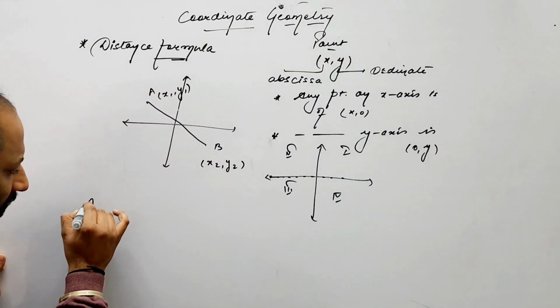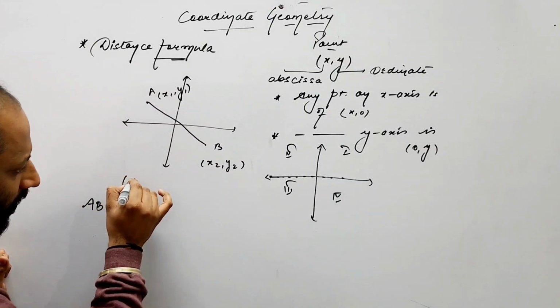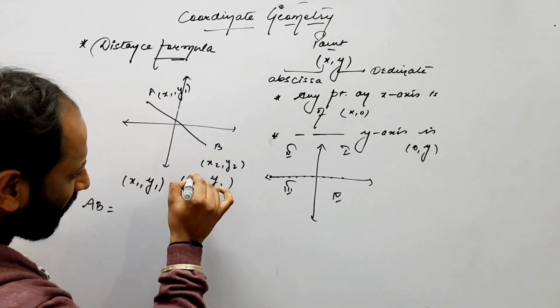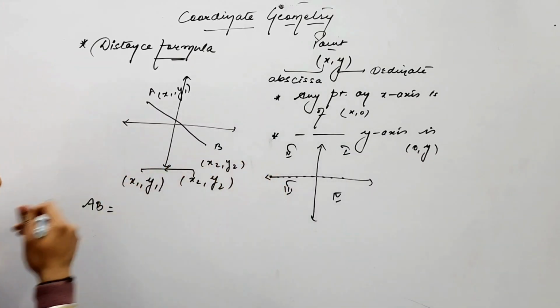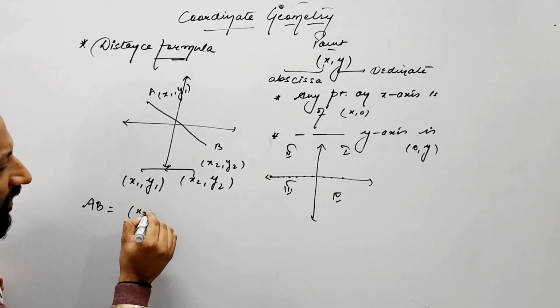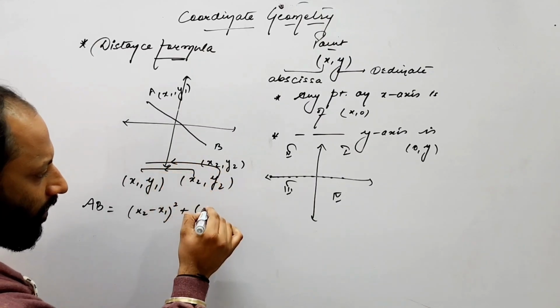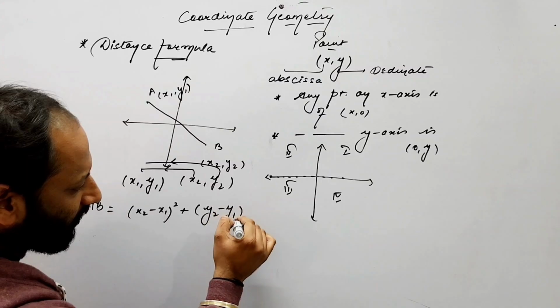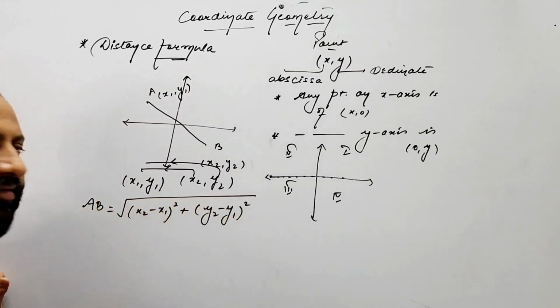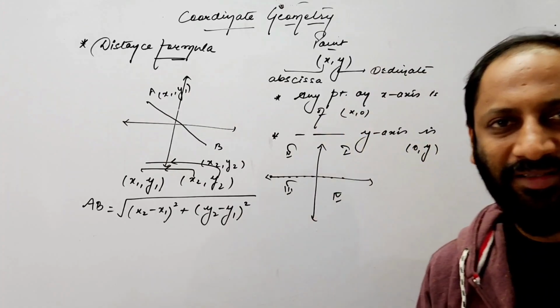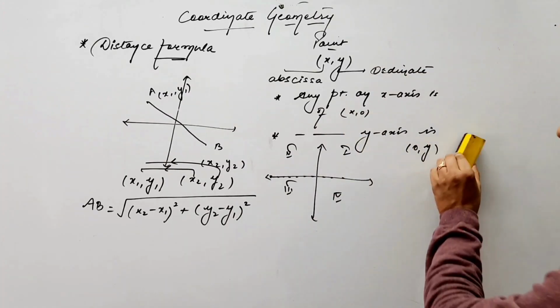So what is the formula for AB? It is the square root of (x2 minus x1) whole square plus (y2 minus y1) whole square. This will be the formula to find the distance between 2 points.